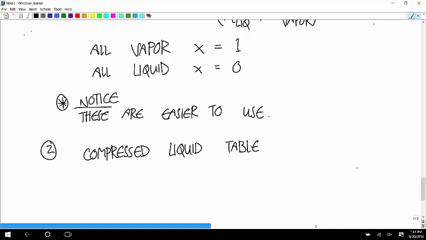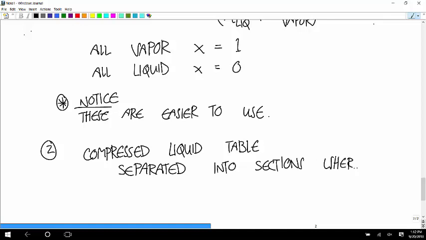And those are going to be separated into sections for a given pressure, where the pressure is constant or the pressure is given, and then they're going to be indexed by temperature.